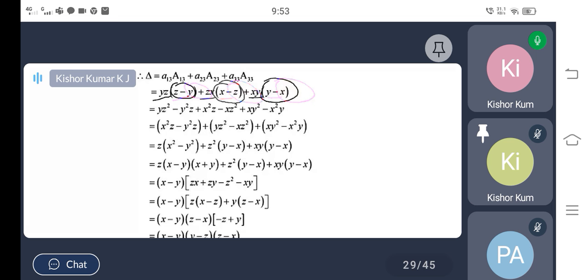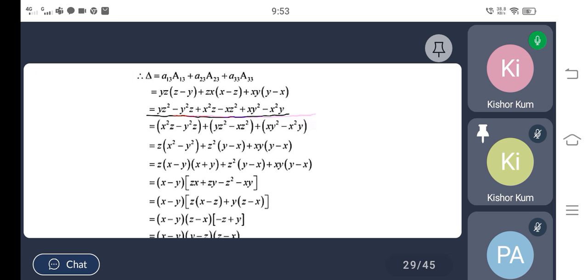So after doing the multiplication, we will get YZ square minus Y square Z plus X square Z minus XZ square plus XY square minus X square Y. Now we can easily make groups.